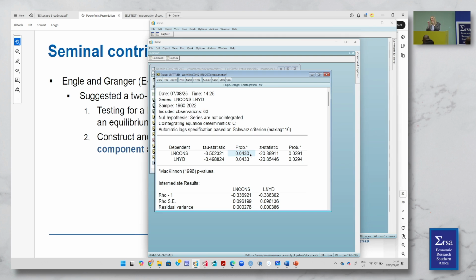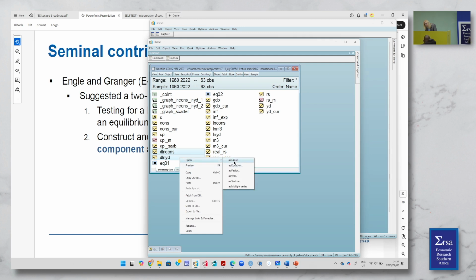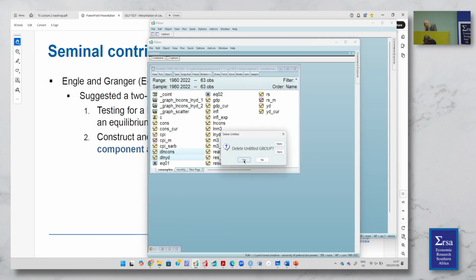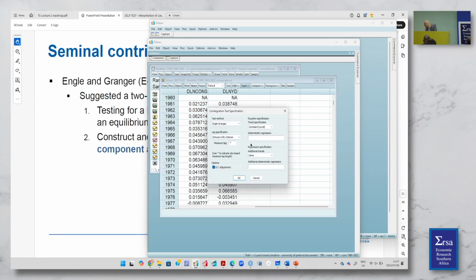But then those papers that you refer to would difference the data, first difference and then test for co-integration.